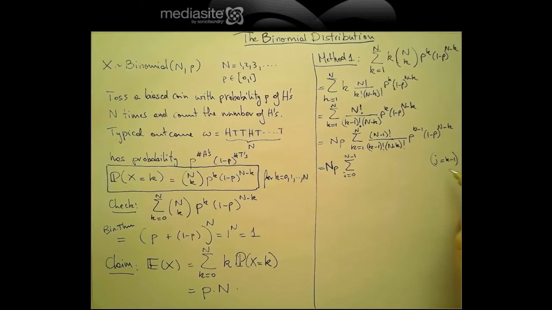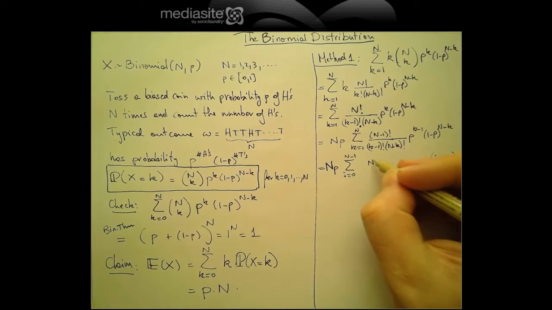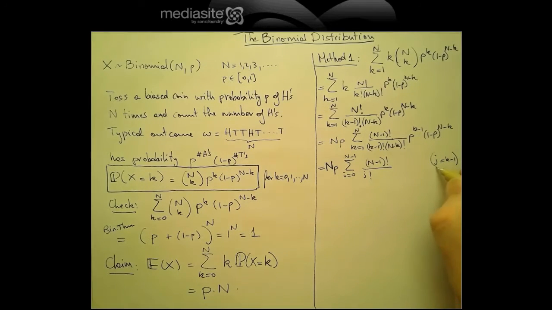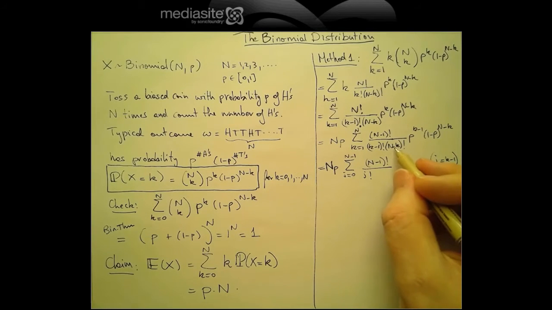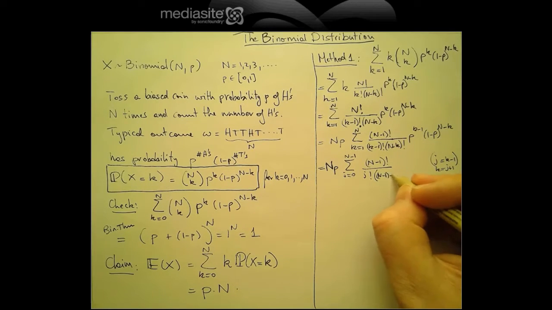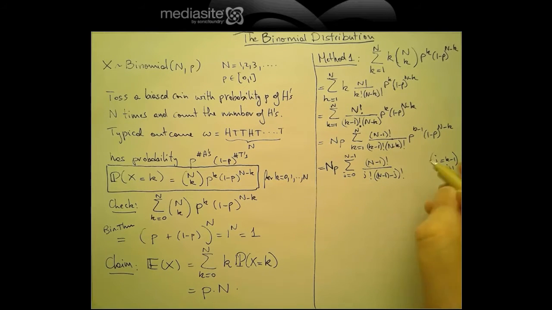Right? And then I just substitute. So I have j factorial. Now k is j plus 1. Right? So here I'm going to get n minus j minus 1, which I'm going to write as n minus 1 minus j factorial, p to the j, 1 minus p, again, this is going to be n minus 1 minus j.